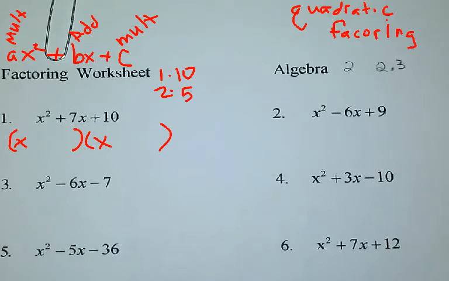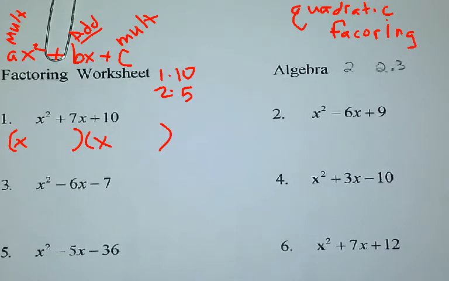So there's two ways. Does it matter? Well, it does matter, because they have to add up to be the middle. Since the middle is 7, if I add 10 and 1, that's 11. That can't work because it's supposed to be 7. 2 plus 5 is 7.